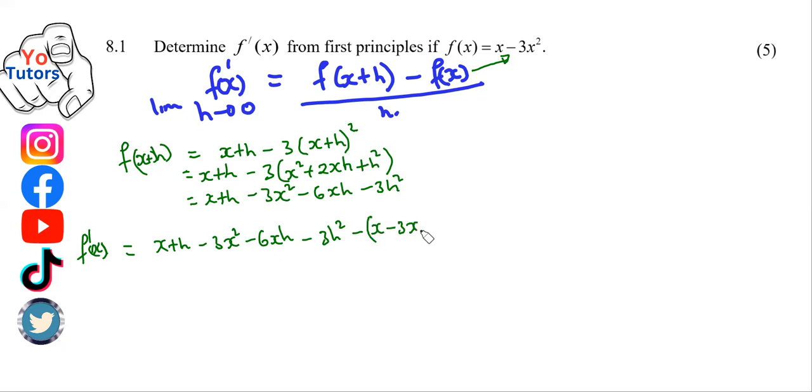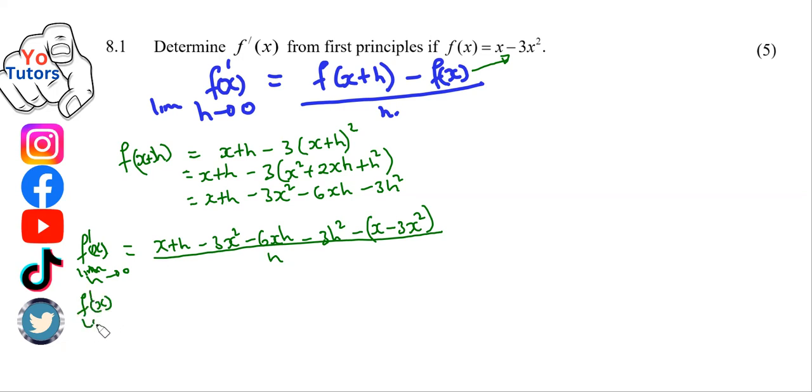Minus 3x squared. Okay, so always consider this negative, guys. So there you're going to have x plus h. Okay, we just forgot something there. Over h, and we are saying the limit h is approaching 0.